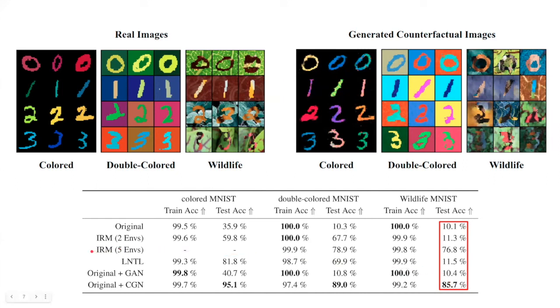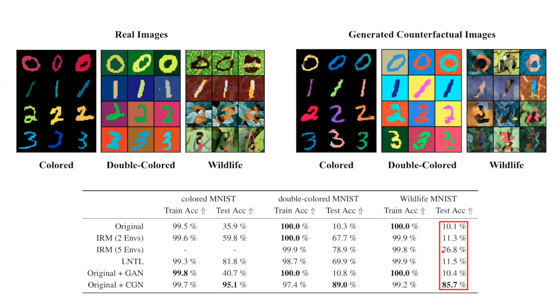The other one that's still okay-ish is IRM, which is probably familiar to some of you. It's invariant risk minimization, where you have different environments with different amounts of correlation. So we vary this from 90% to 100%. We have 5 environments, and then IRM finds the most stable signal, which is supposed to be the causal one.